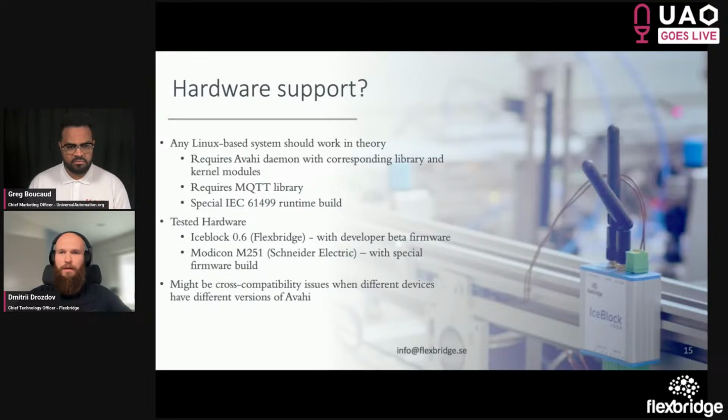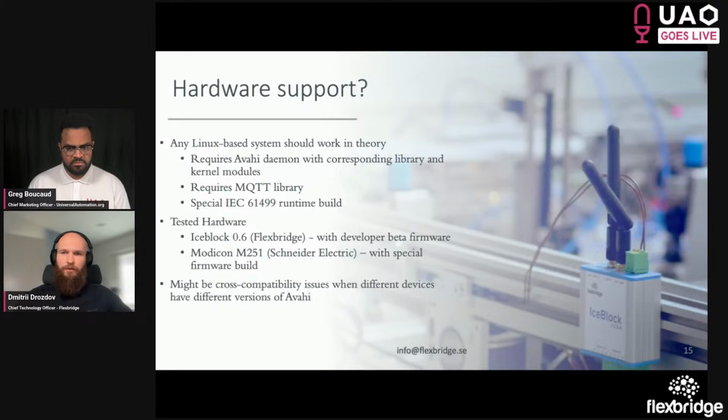It needs an MQTT library and a special build of the IEC 61499 runtime from Universal Automation. That special build should include the service interface function blocks to communicate with Avahi and the necessary communication libraries, for example, for MQTT or other protocols, if you wish to use them.